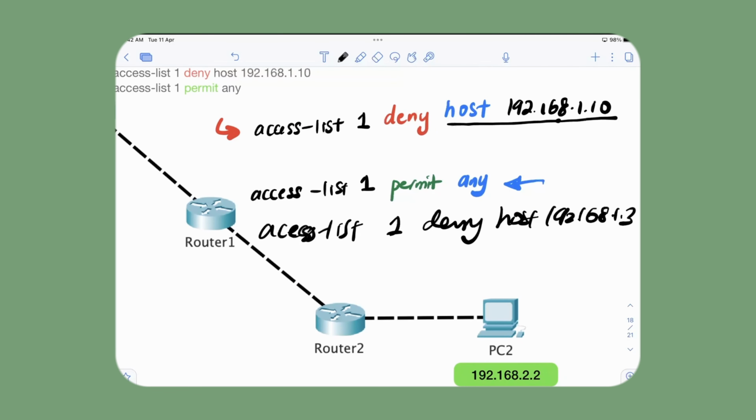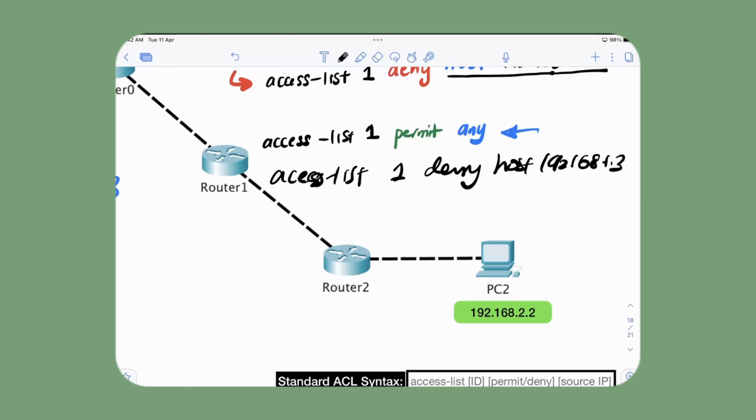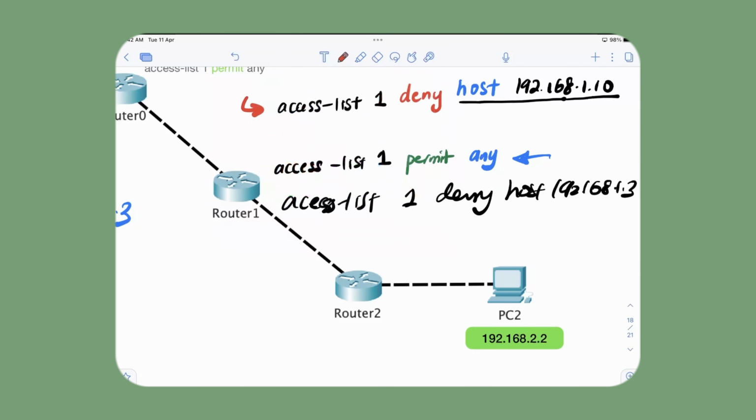Let's say I suddenly add this line. Now you must know that the router will not block this new computer, because the router always goes line by line. So if in the second line you already say allow everyone, in the third line you cannot say you go and block.